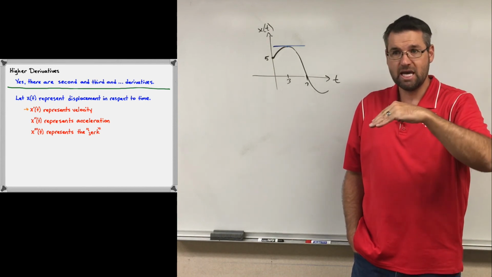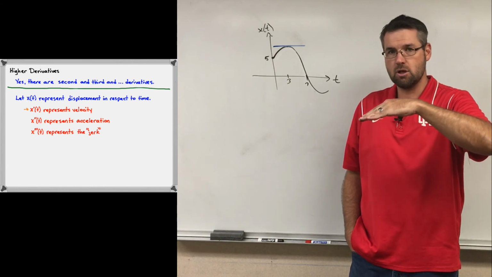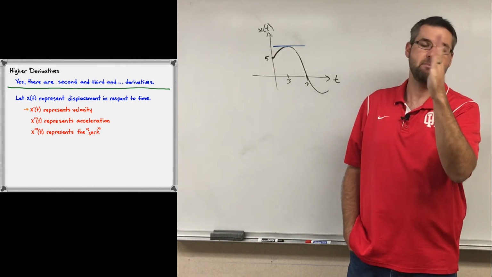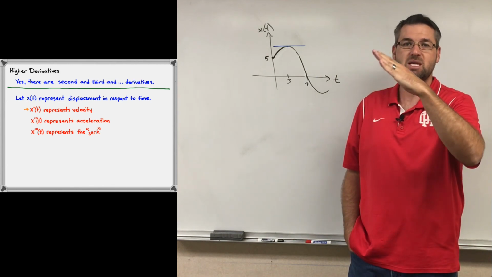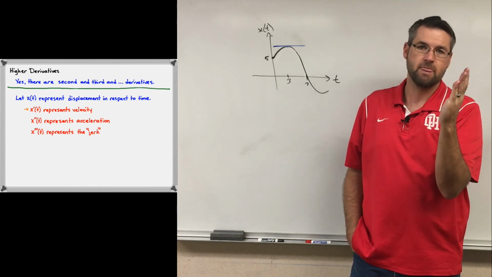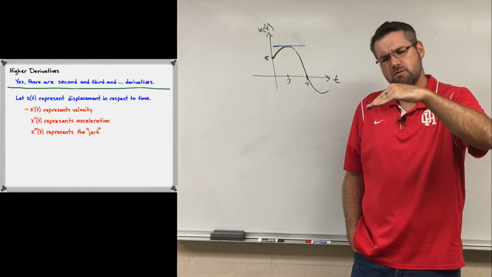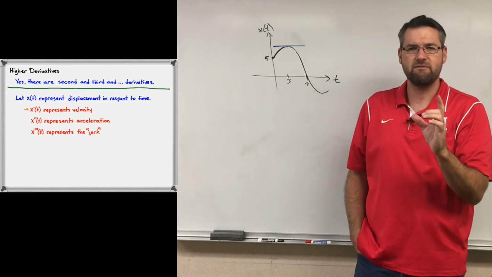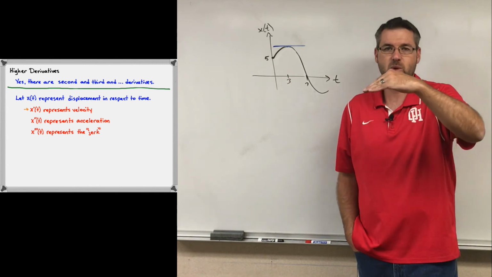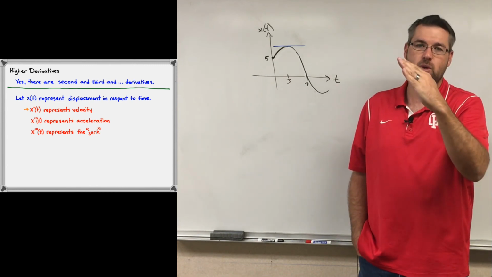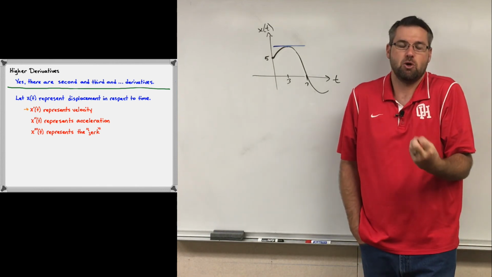The jerk is if I'm going slow, and then all of a sudden that needle's moving up. So the needle is moving slow, but then it starts speeding up and speeding up and speeding up. If the needle is moving at a constant rate, you're not going to feel a force, you're not going to feel a jerk on you that throws you back. It's when that needle changes its rate that you feel that jerk motion, okay?